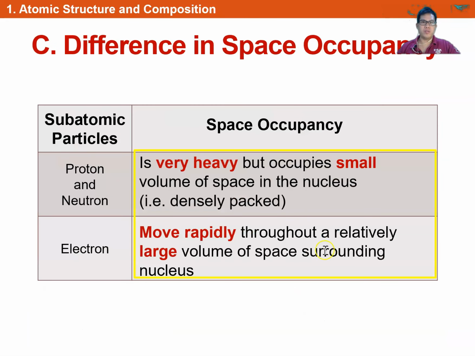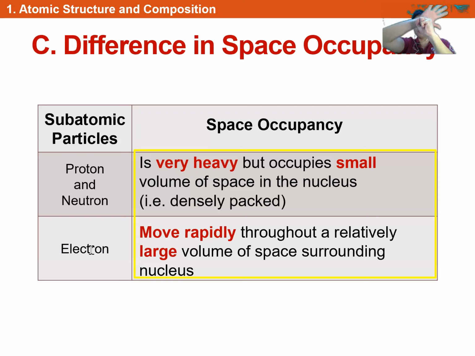The third difference is basically the space occupancy. Protons and neutrons are a lot heavier. That's why it makes sense that they occupy a smaller space, which is at the core there. Whereas the electron is much smaller, and it will move around the proton and neutron.